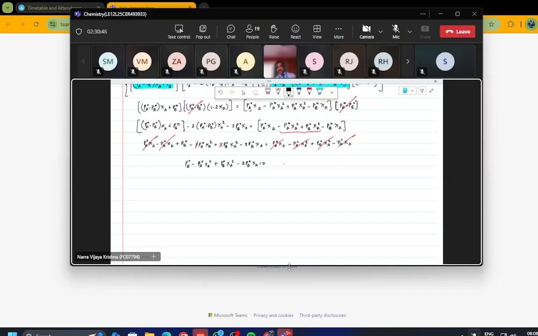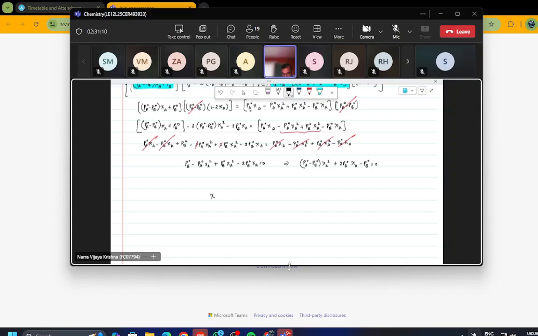What is that expression? PA naught minus PB naught into XA square plus 2 PB naught into XA minus PB naught equal to 0. Correct? Correct or not? Say something.